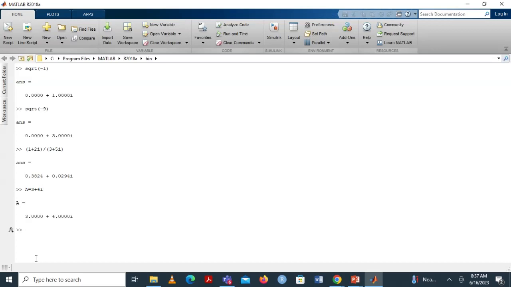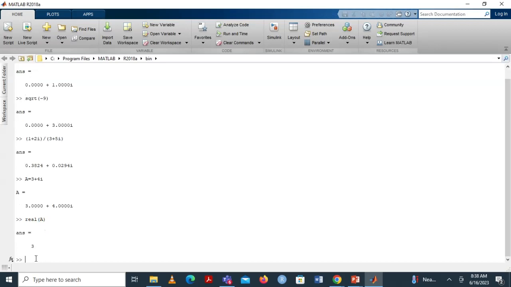If I want to find the real part, I'll use the command called real. So I will use real, then in brackets a. So I'll find the real part of a. If I press enter, it gives me 3, notifying that the real part is 3.